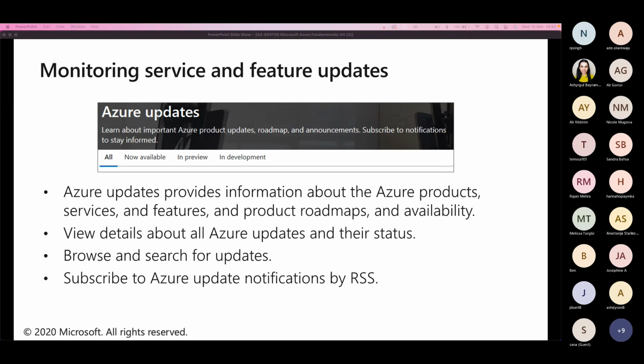So you can view details about all Azure updates and their status, browse and search for updates, and subscribe to Azure updates notifications by RSS.